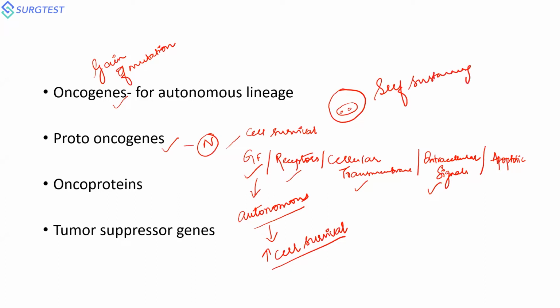So I repeat again, your normal proto-oncogenes are cell-regulated genes that are responsible for cell survival. They are in the form of growth factors, your receptors, your transmembrane signals, or your intracellular signals.